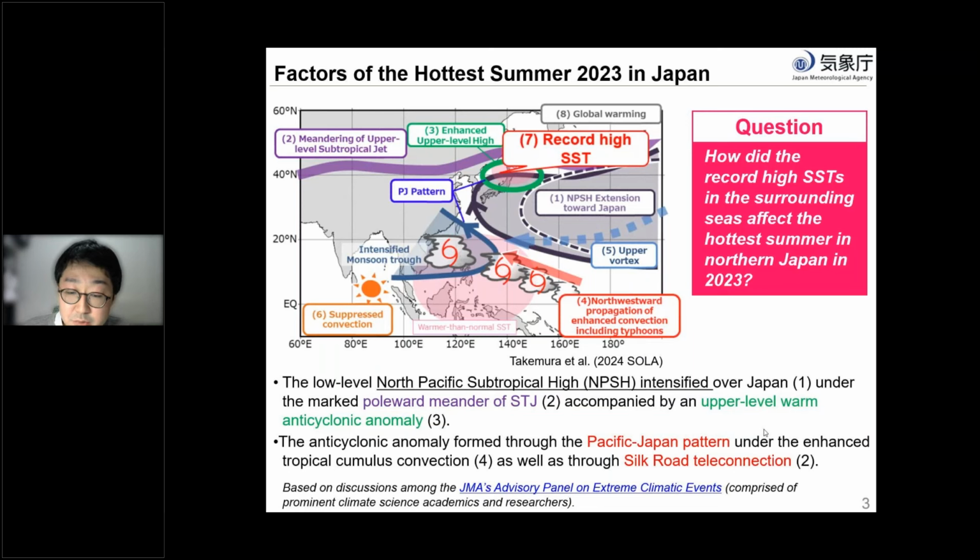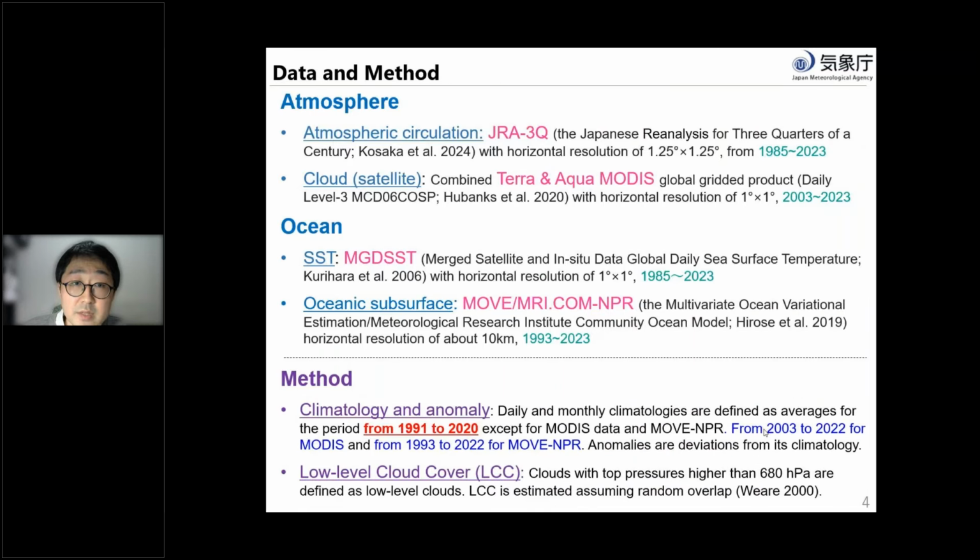So this slide shows the data and method. I would like to skip the details, but let me see here briefly. We use JMA's new reanalysis dataset for atmospheric circulation and MODIS satellite data for cloud cover, and the SST and the oceanic subsurface data by JMA were also used.